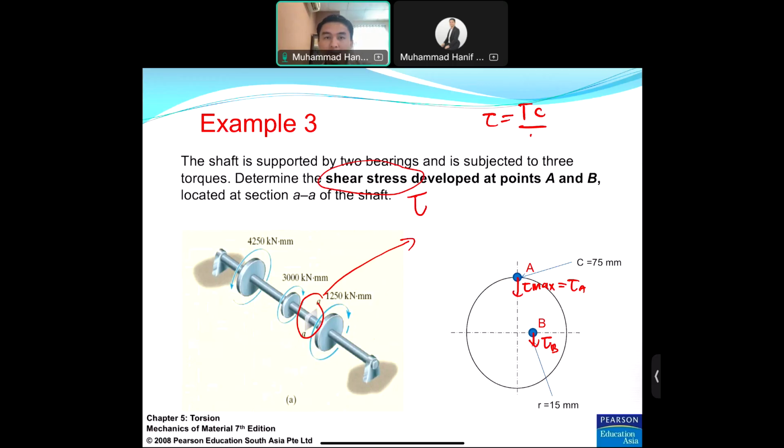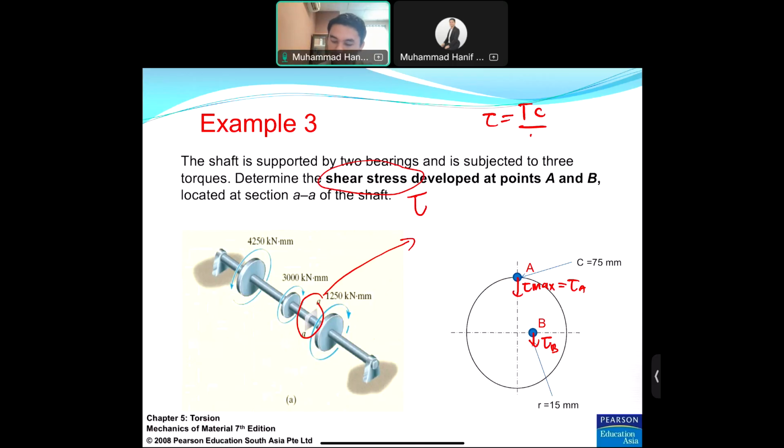As I mentioned in the class, basically if you have internal load, we have 4 internal loads: normal load, shear load, torsional and bending. In this case, because the external load is only torsional load, the internal load at this particular AA position has the torsion load only.